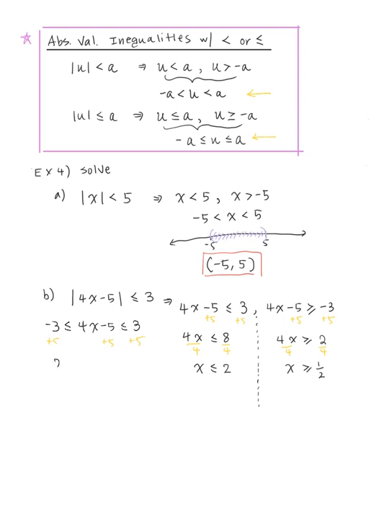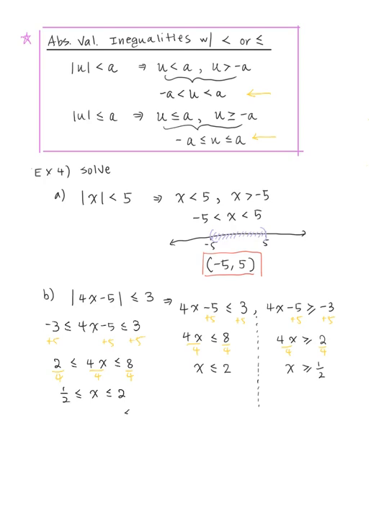Then you have 2 less than or equal to 4x, and then less than or equal to 8. Then dividing by 4, we get 1/2 less than or equal to x, less than or equal to 2. So it's exactly the same as separating them and solving each inequality.